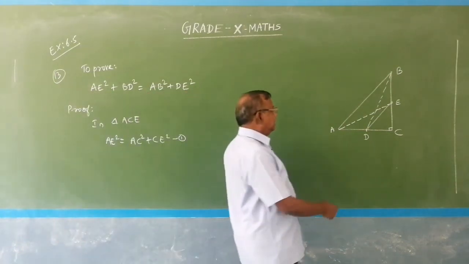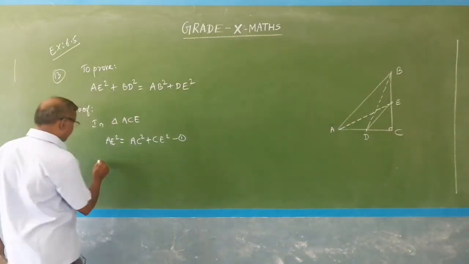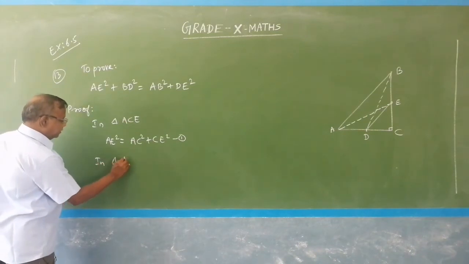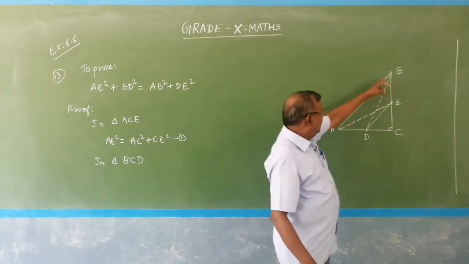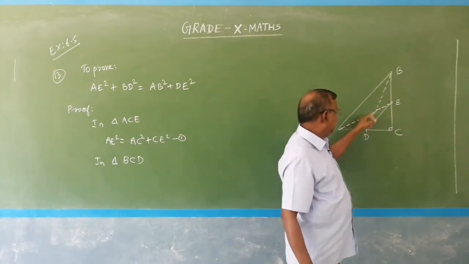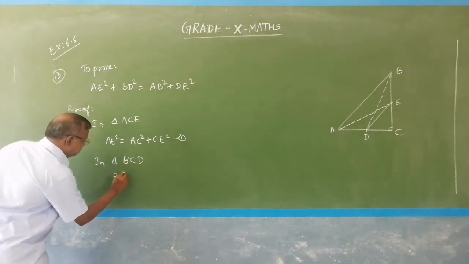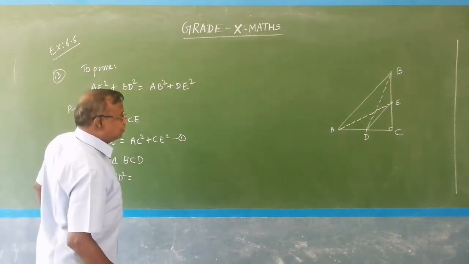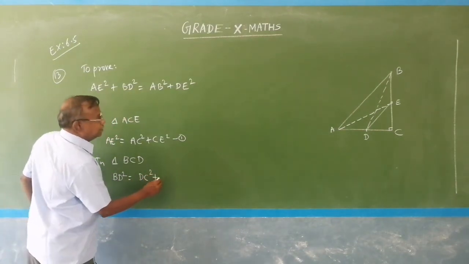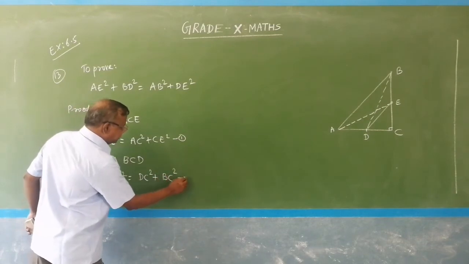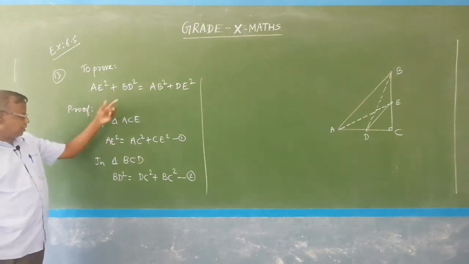And consider the triangle BCD. In triangle BCD, right angle at C, therefore BD is the hypotenuse. So BD square equal to CD square plus BC square. Say this is 2.